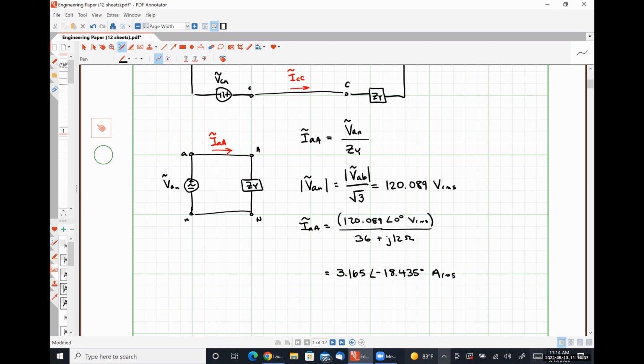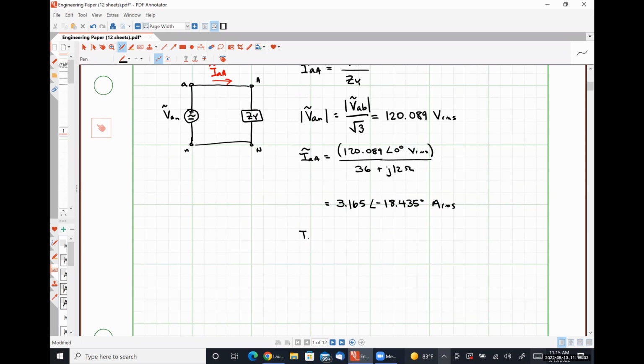So this is our line current, IAA. How do we get IBB and ICC? This is what Connor suggested earlier. We rotate by negative 120 degrees to get IBB, we rotate a further negative 120 degrees to get ICC.